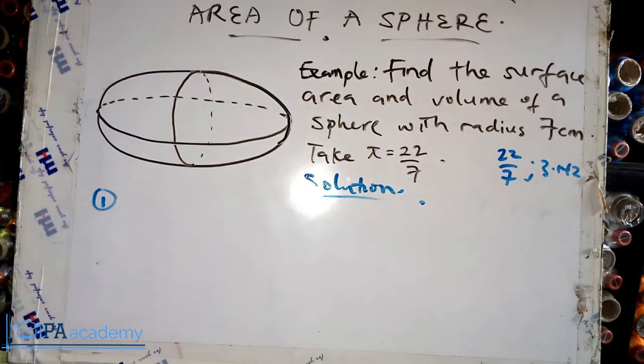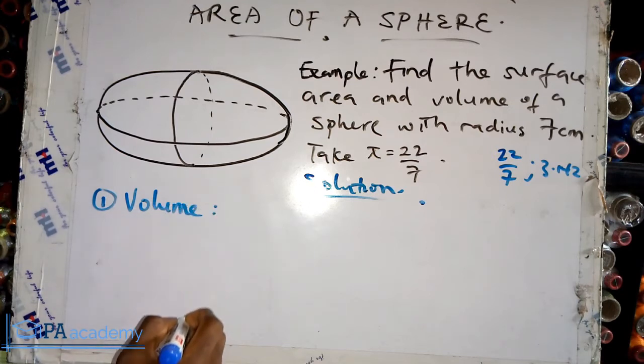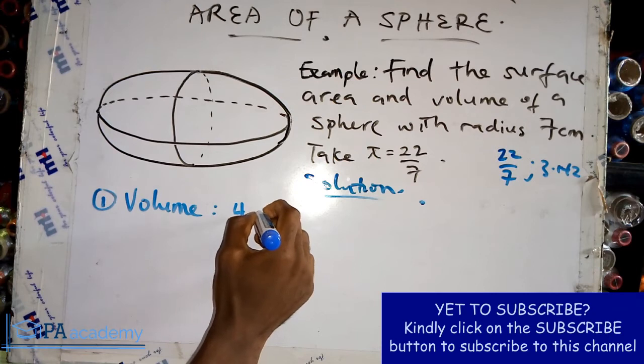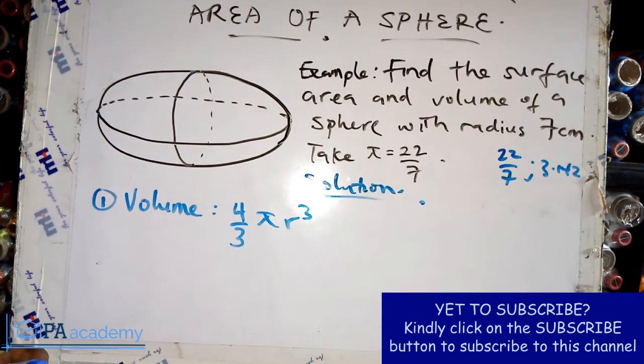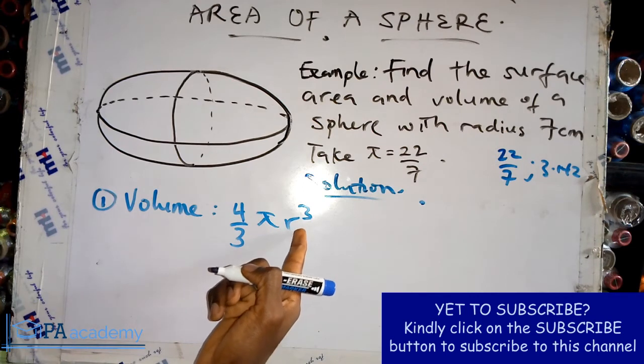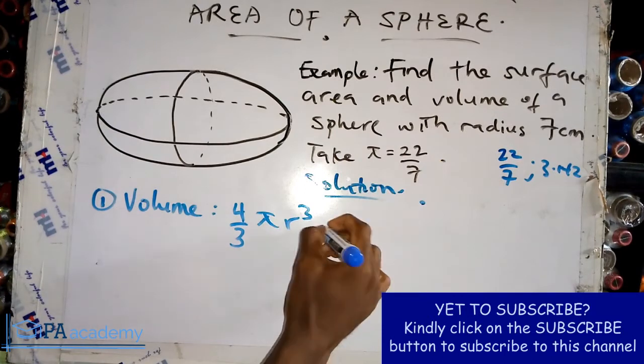So the first thing we are looking for is the volume, and the formula to calculate the volume of a sphere is 4/3 pi r cube. We know the value of our radius, r, to be 7, and our pi is 22/7. So let's input the values.